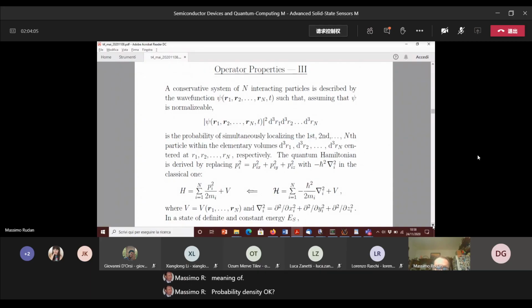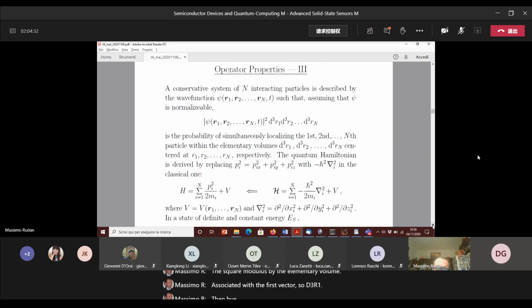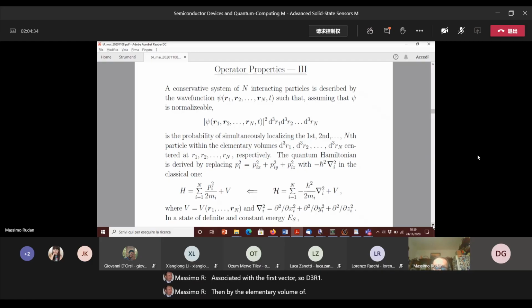What we do is that we take the square modulus of the wave function at some instant of time, and then we multiply this square modulus by the elementary volume associated to the first vector, so d³r1, then by the elementary volume of vector r2, and so up to rn.